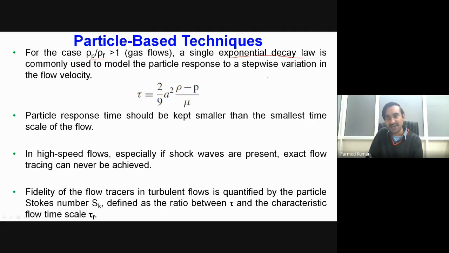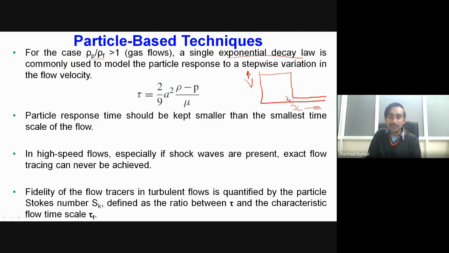What I am basically trying to say is, for example, if you plot the velocity as a function of the space direction x, you may find that initially you had a very large velocity and suddenly there is a step change in the value of the velocity at some location, say xc.